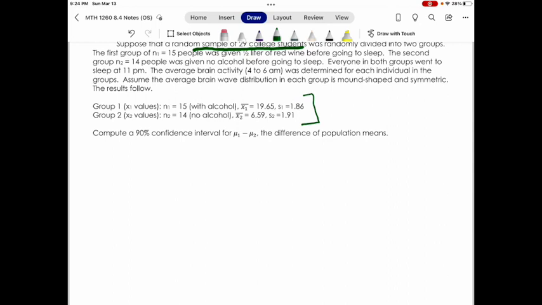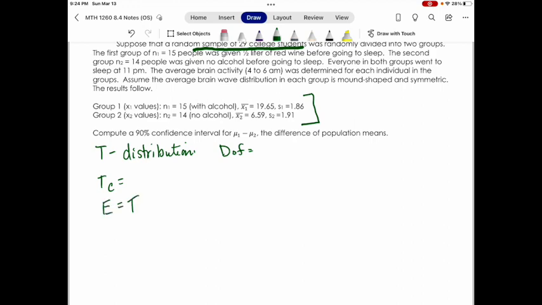So because we do not know the population standard deviation, we have to use the t-distribution. So we have to find t-critical, and in order to find t-critical, we need to know the degrees of freedom.